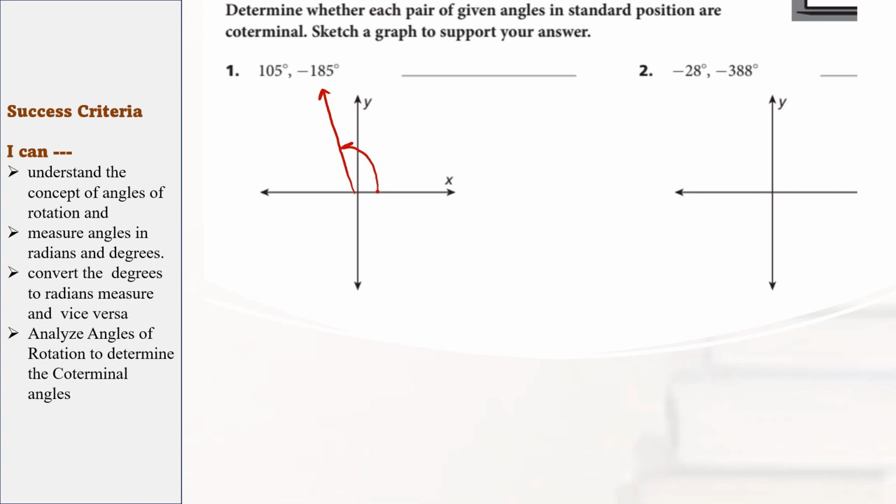If I go here, it's 105 degree. Now if I want to go from here, it is 180 degree and of course it is not the 5 degree distance which it is covering. So that's why they are not coterminal angles.